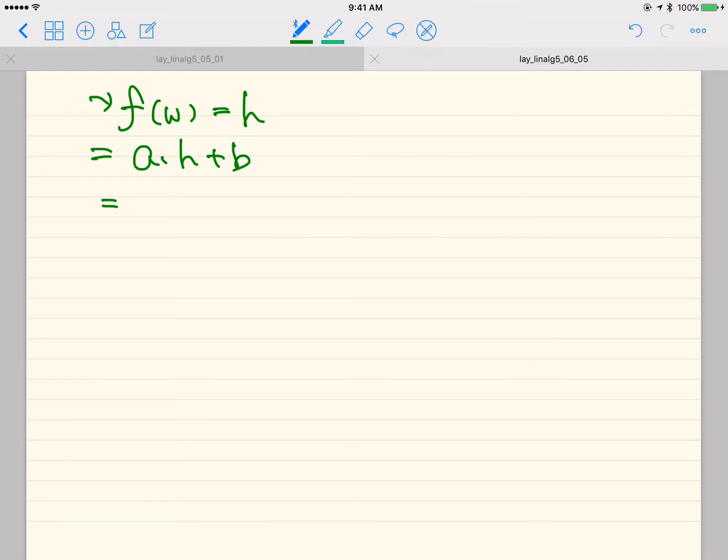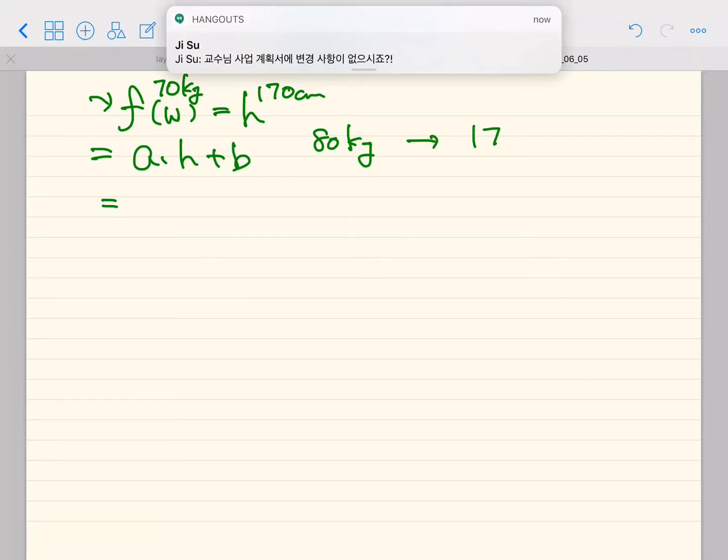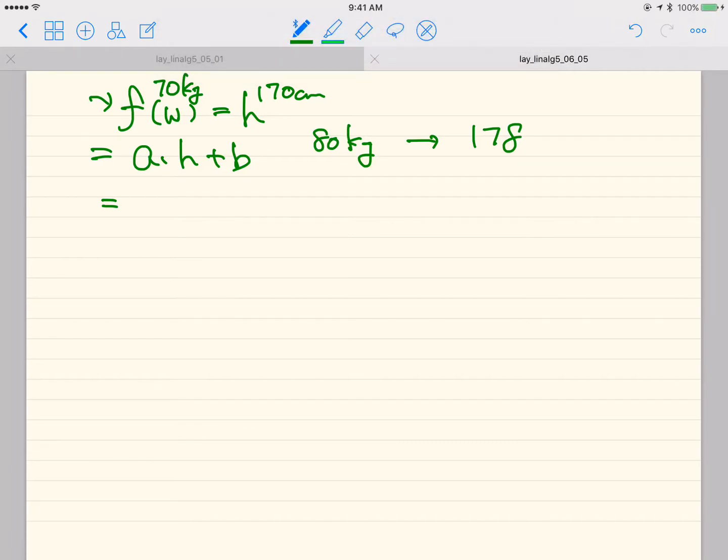So weight was 70 kilograms, and that person's height was maybe 170 centimeters, and 80 kilograms, and this person's height was 178, for example. And there may be many examples, like 65 and 160.